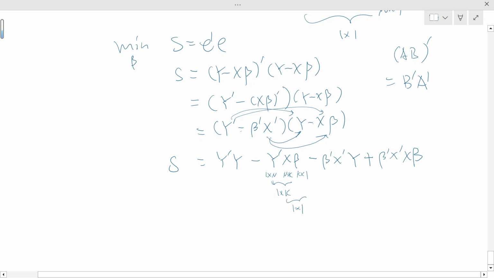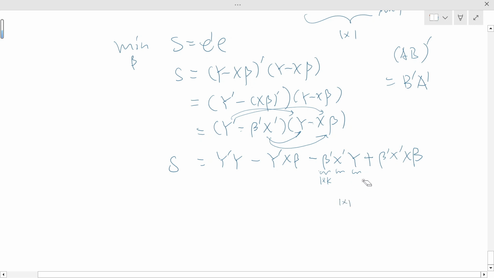So y prime X beta is actually a scalar, a 1 by 1 matrix. Similarly, beta prime X prime y is 1 by k, k by n, n by 1, so it is also a 1 by 1 scalar.